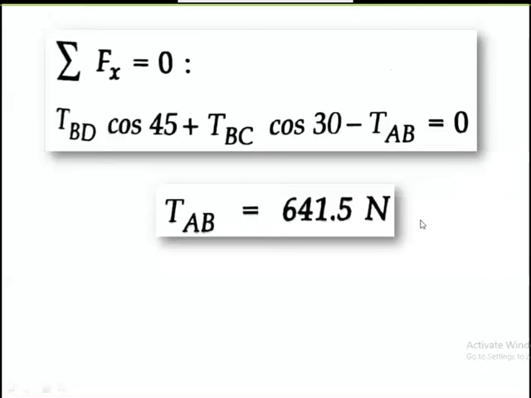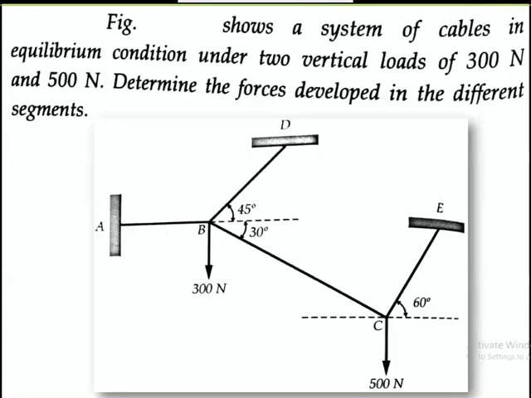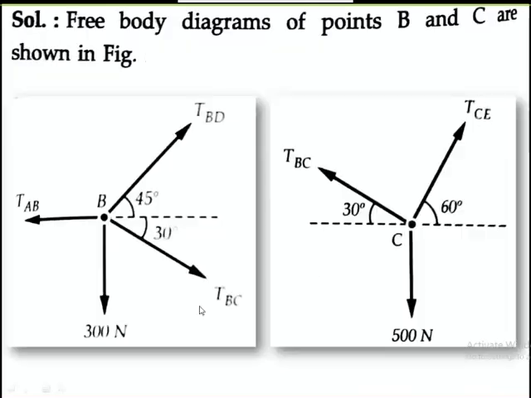So TAB is equal to 641.5 Newton. Now we have calculated the member forces developed in the different members, that is TBD, TBA, TBC, TCE and TCB. We have calculated all the forces in the members.